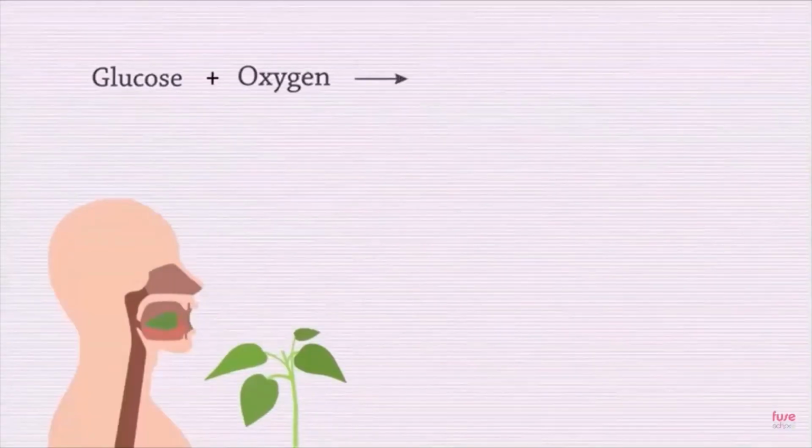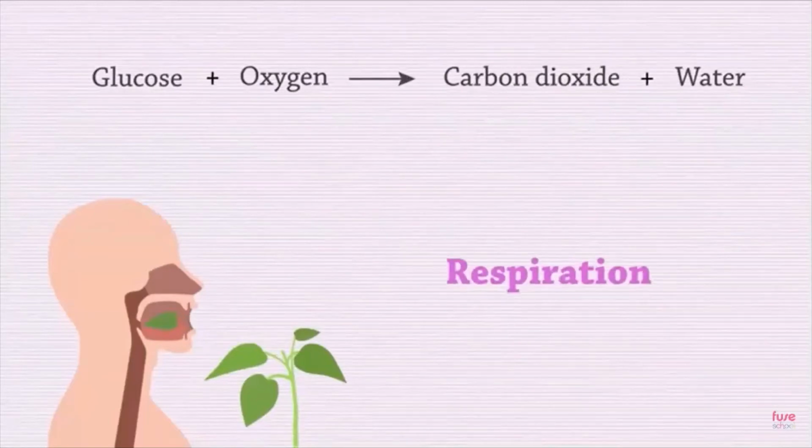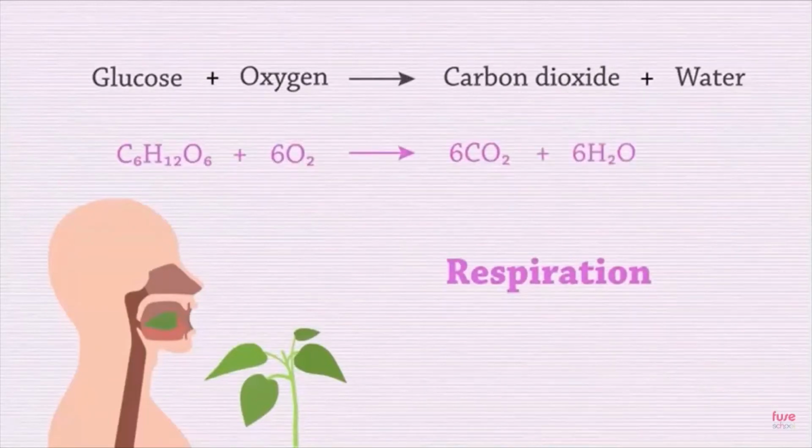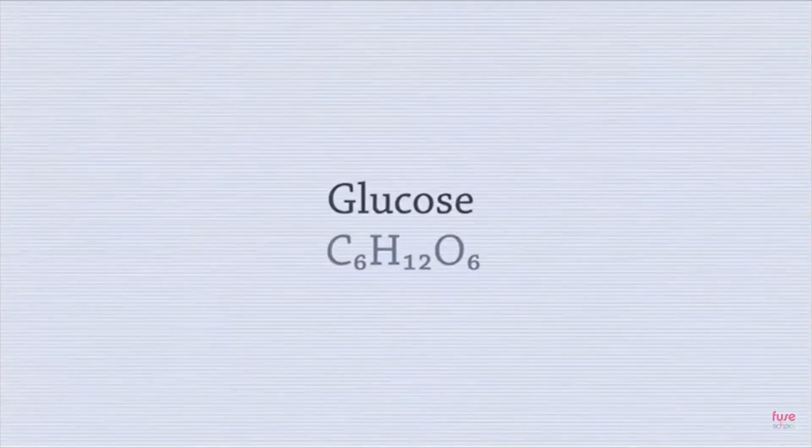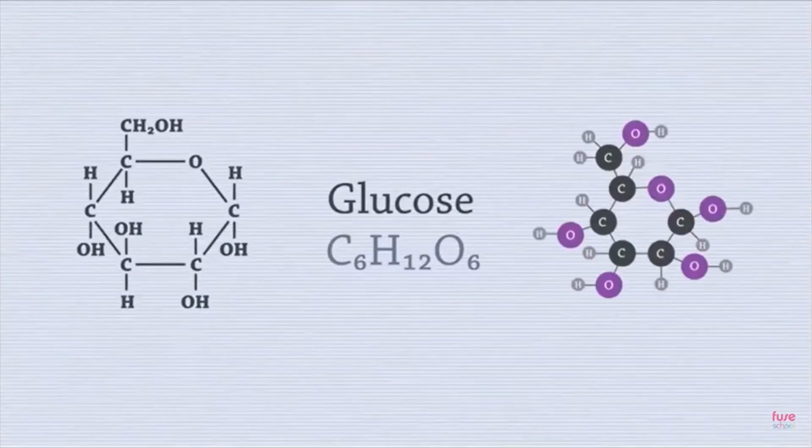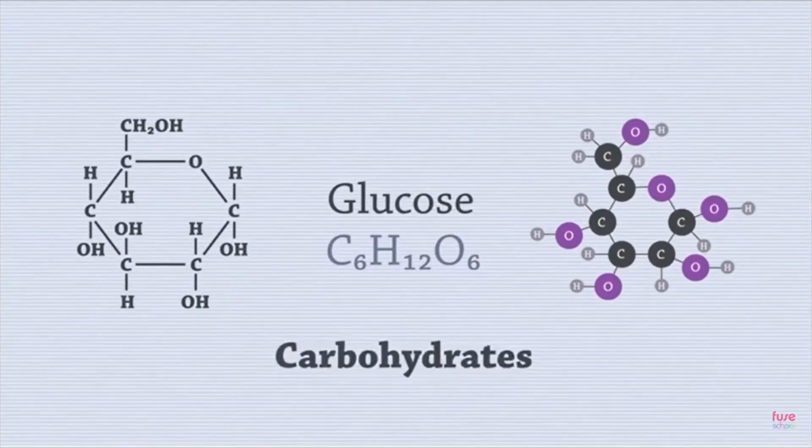When we eat plant matter, we break down glucose in a reverse process called respiration. So what is so special about glucose? In this lesson, we will learn a bit more about glucose and a class of molecules that can be respired to release energy called carbohydrates.